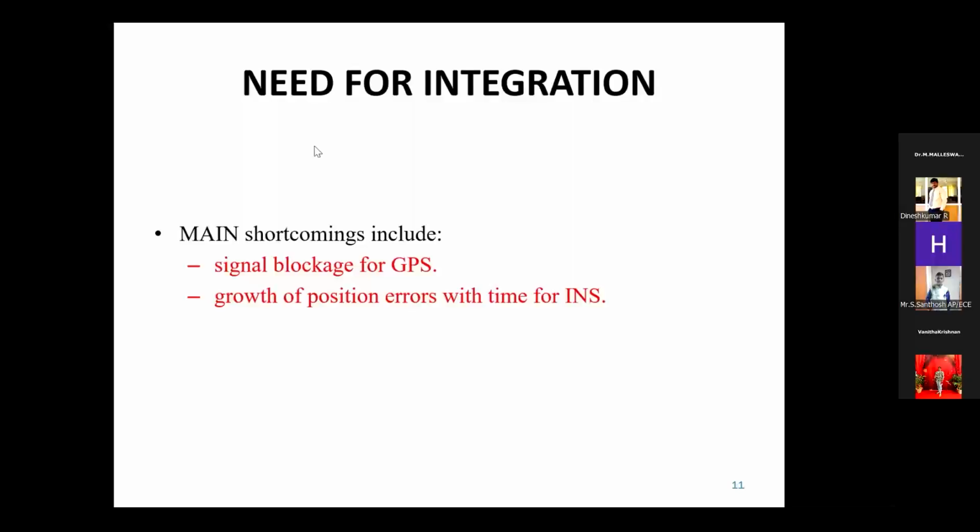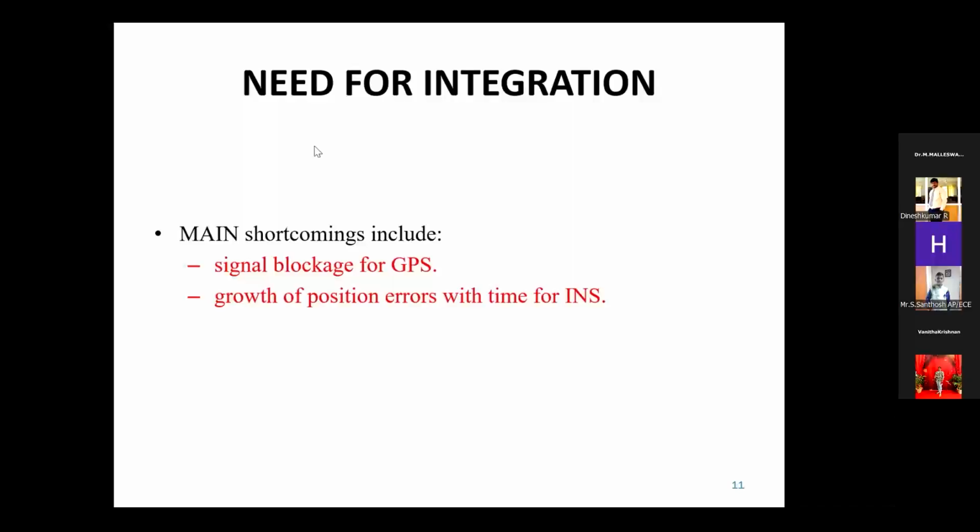As I said earlier in my PPT, it has a lot of errors. These errors will give a blockage when the vehicle or object is moving near tall buildings or heavy, dense forest areas. The signal coming from the satellite may get blocked. So this is one of the important problems we have in satellite-based navigation like GPS.